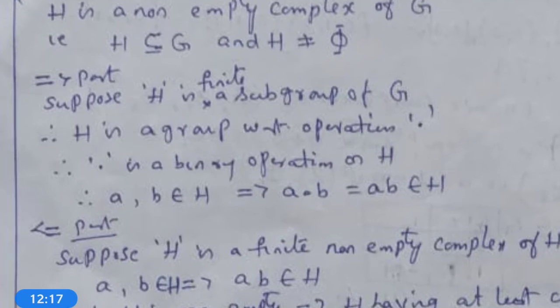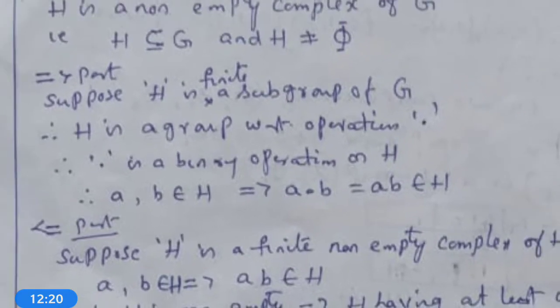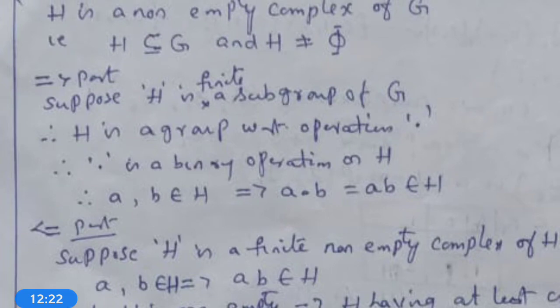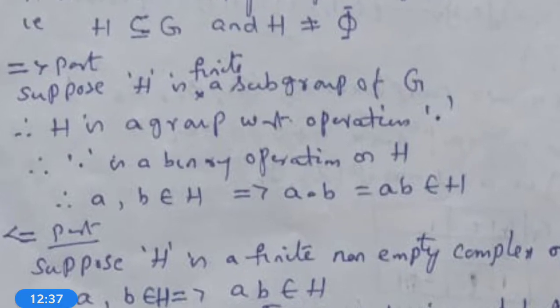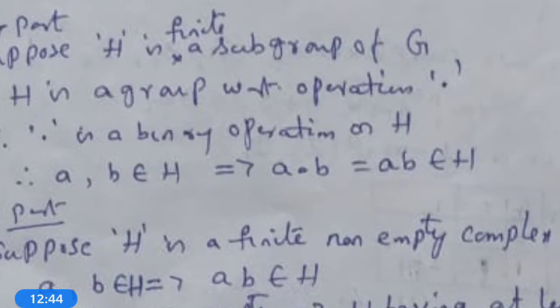Once again, H is a finite subgroup of G. That is, H is a group with respect to the operation dot, because H is a subgroup of G. What is G? G is G, dot. Therefore, H, dot is also a group. Therefore, dot is a binary operation on H. Dot means usual multiplication.